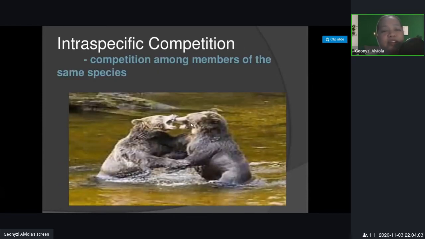So we have here an example of intraspecific competition, which is competition among members of the same species, like we have here the grizzly bears fighting for the fish as their food item. So food source could also be a limiting factor between species.